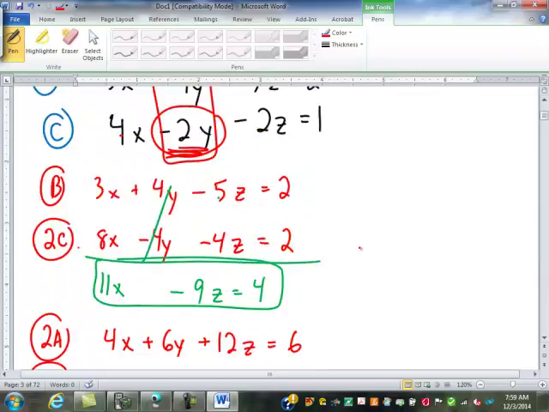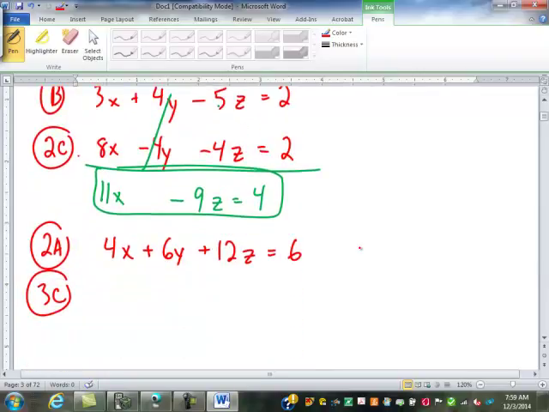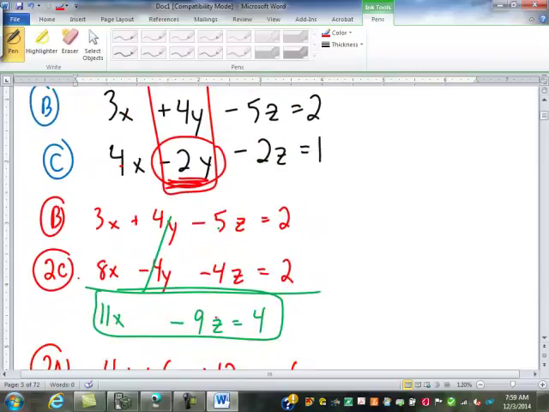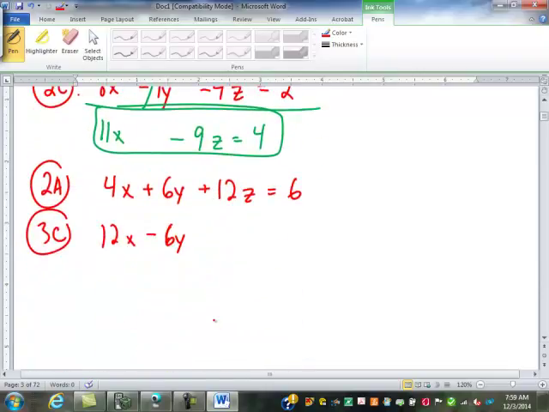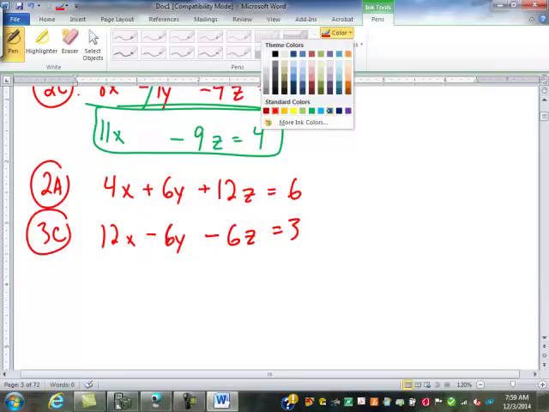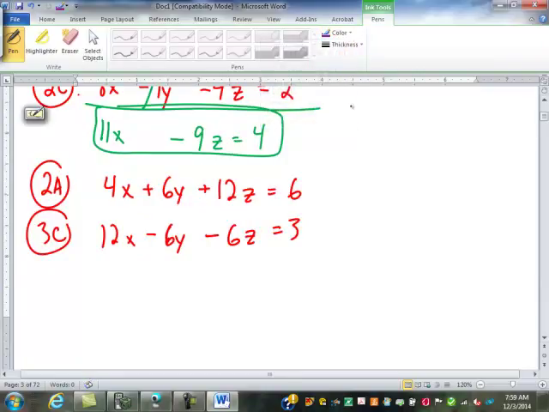3 times equation C is going to be 12x minus 6y minus 6z equals 3. So we add our columns. 4 and 12 make 16. 6 and negative 6?